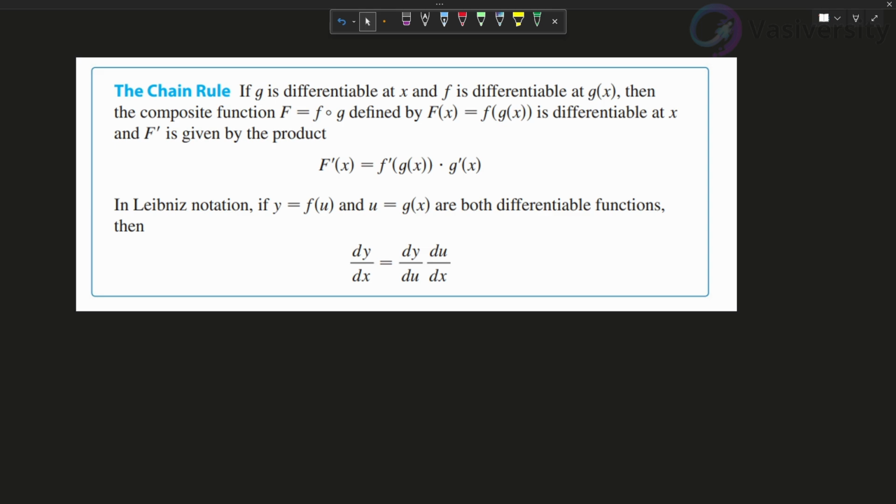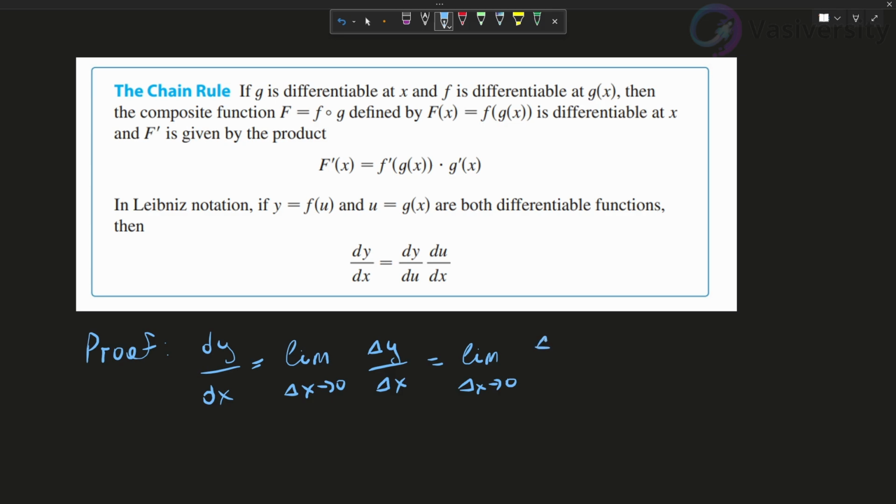The proof for a general function is much easier. Proof: we know dy over dx can be rewritten as the limit as delta x approaches 0 of delta y over delta x, which is equal to the limit of delta y over delta u times delta u over delta x.